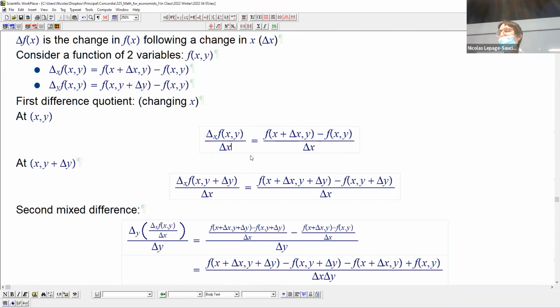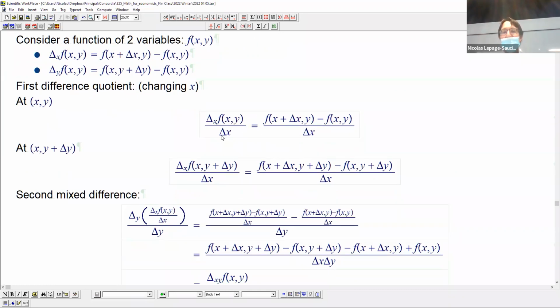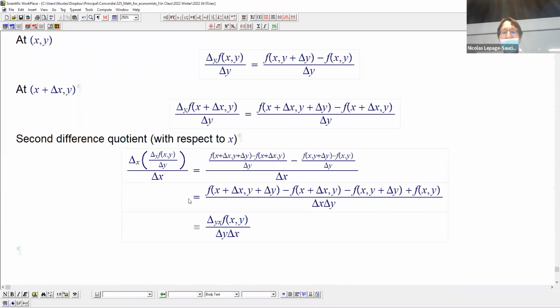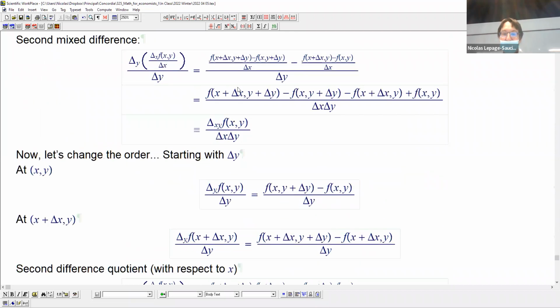It could be 2 or 4 or 0.0001. It's always going to be true that you can take the difference starting with x and then y, or starting with y and then x, and you always get the same thing. You can see that this is the same as this one.